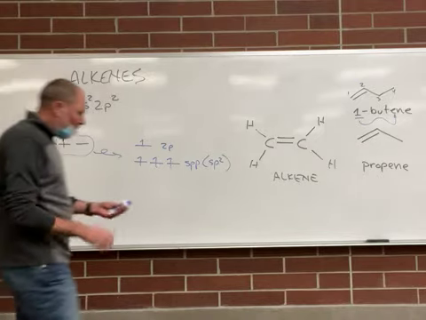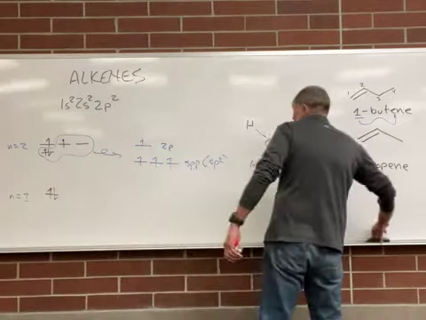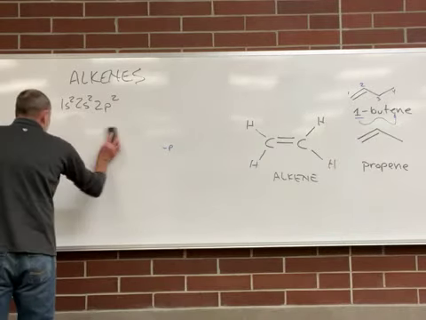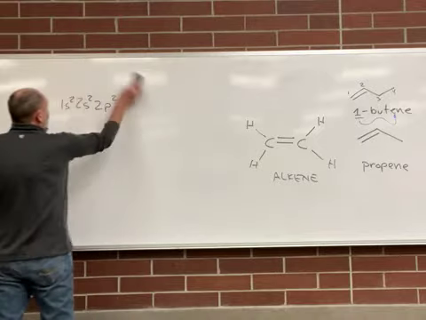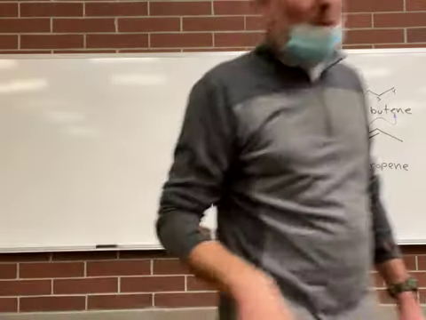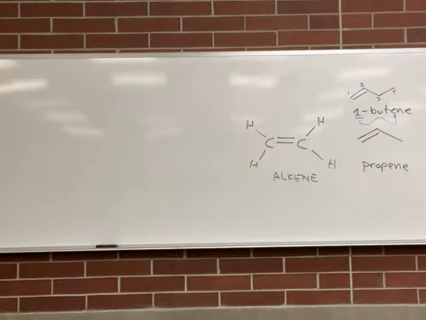Now, one of the most important aspects of the alkene is that you don't have free rotation. I don't know if you remember, but when we were talking about alkanes, you had rotation. These things could spin. But here is one of the crazy cool things with the alkene.